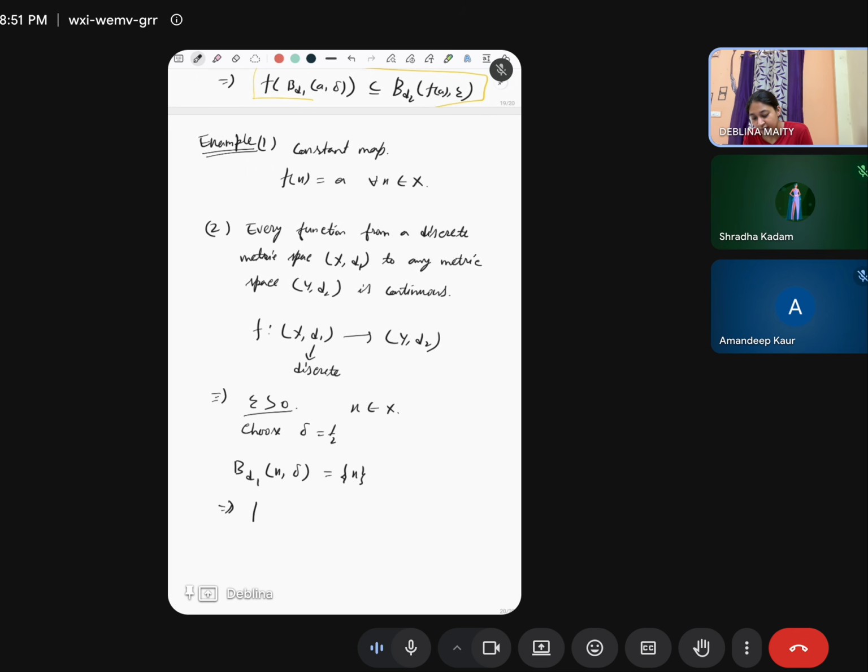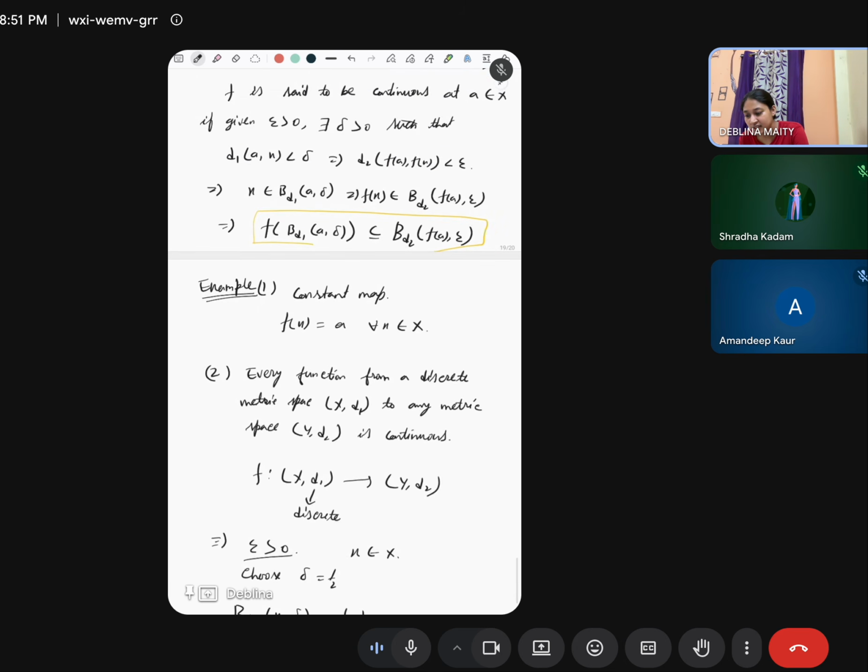So f of B_d1(x, delta) is nothing but only f(x), and f(x) is always contained in B_d2(f(x), epsilon), the ball centered at f(x) with radius epsilon. The ball always contains its center f(x), so this satisfies the property.